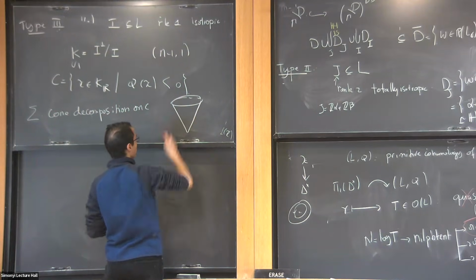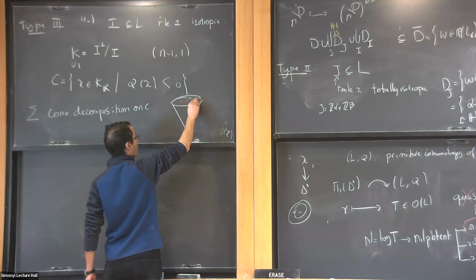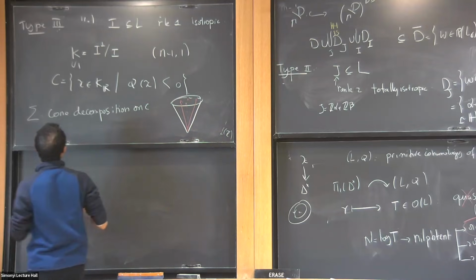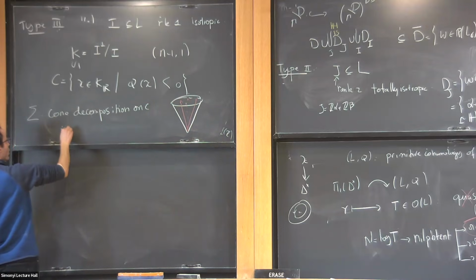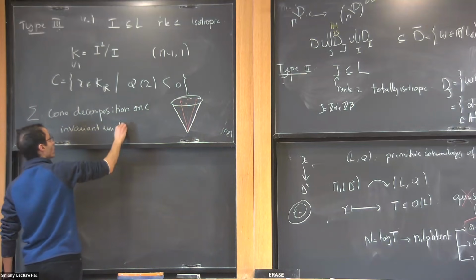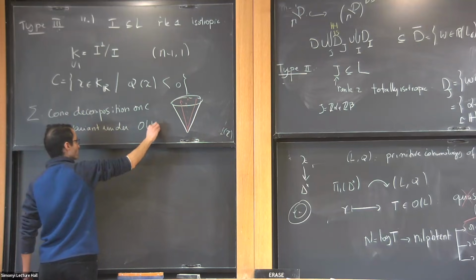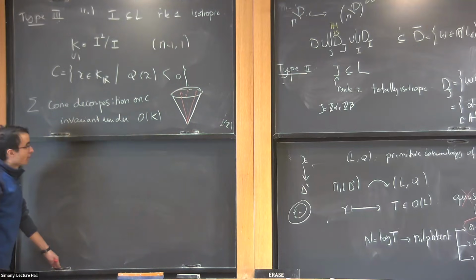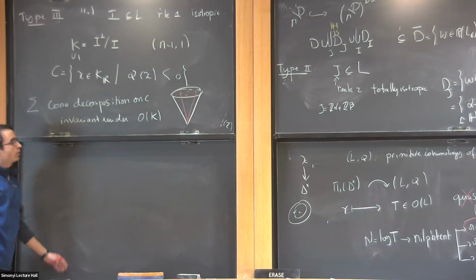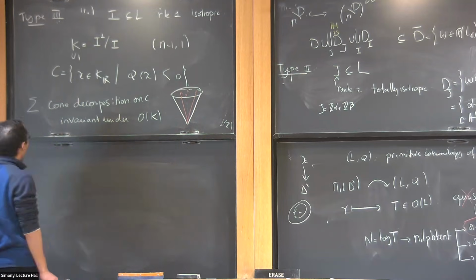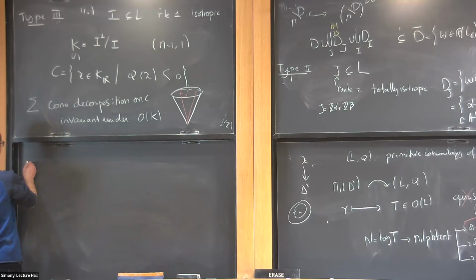And then we have some polyhedral cone decomposition, which is Gamma-invariant under the orthogonal group of K. So the point here is that, let me just recall this picture for the modular curve.